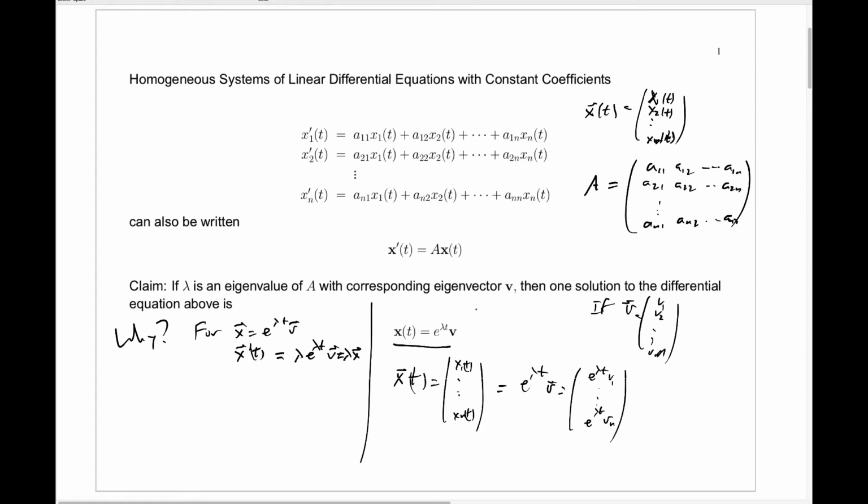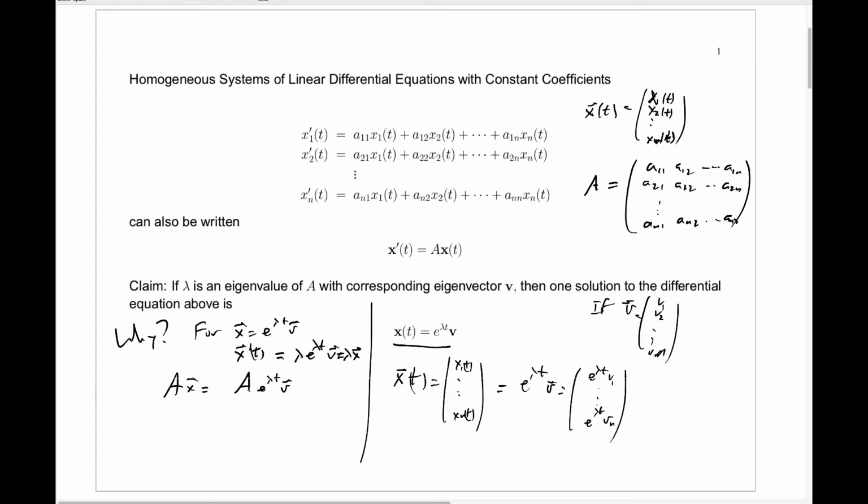And of course, if v is an eigenvector for A with eigenvalue lambda, then Ax will just be A times e to the lambda t v. E to the lambda t is just this constant. It's a function of t, but it can be pulled out in front of the vector multiplication.